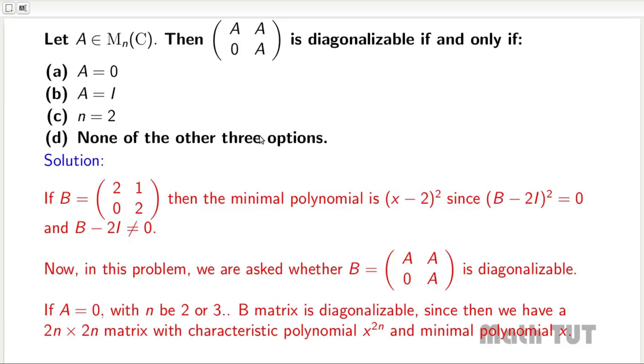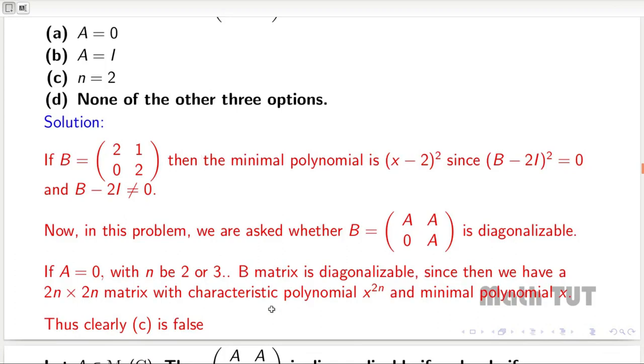So the minimal polynomial is x minus 0, a product of linear factors, so we can say the matrix is diagonalizable. If A is 0, then B is diagonalizable. Clearly, option C is false.